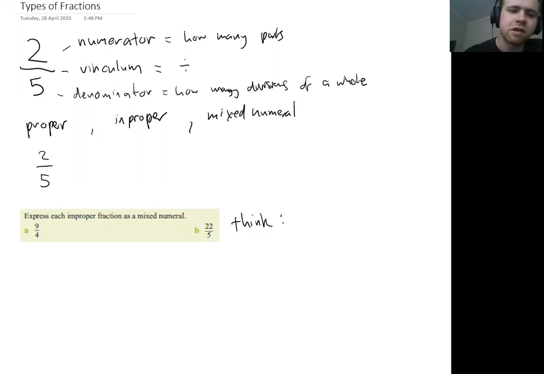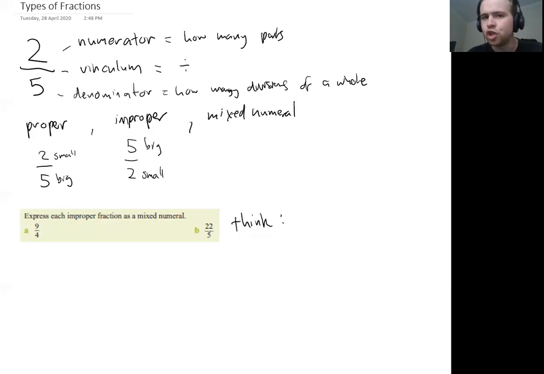An improper fraction, improper with an M, is when the top number is bigger than the bottom number. So the overall fraction is going to be bigger than a whole. An example of an improper fraction would be 5/2. So here we have small, big, but here we have big, small.